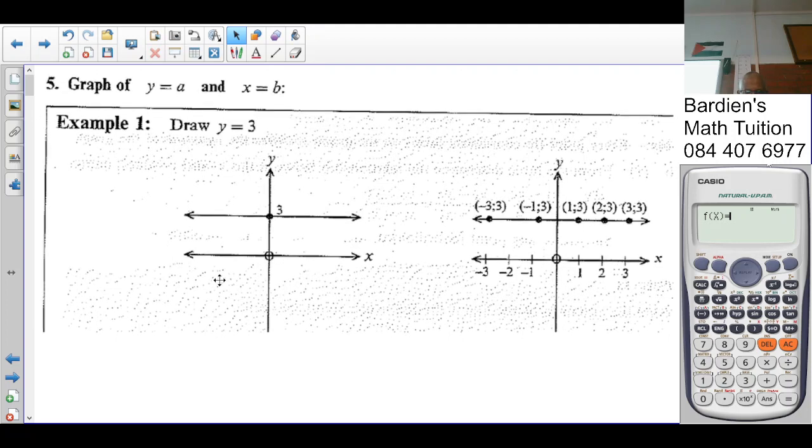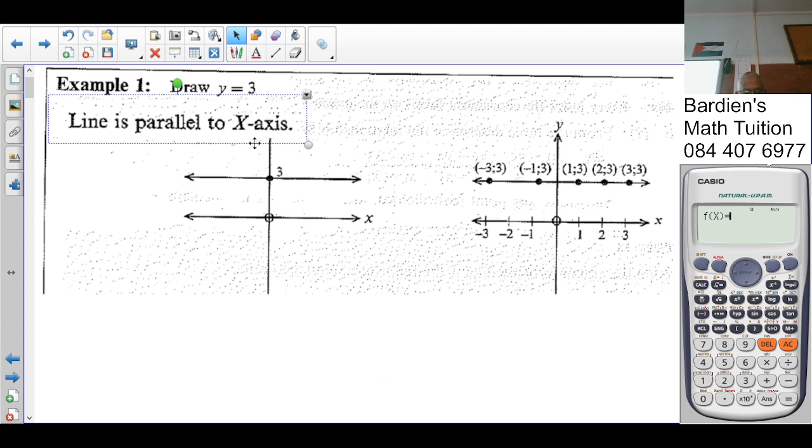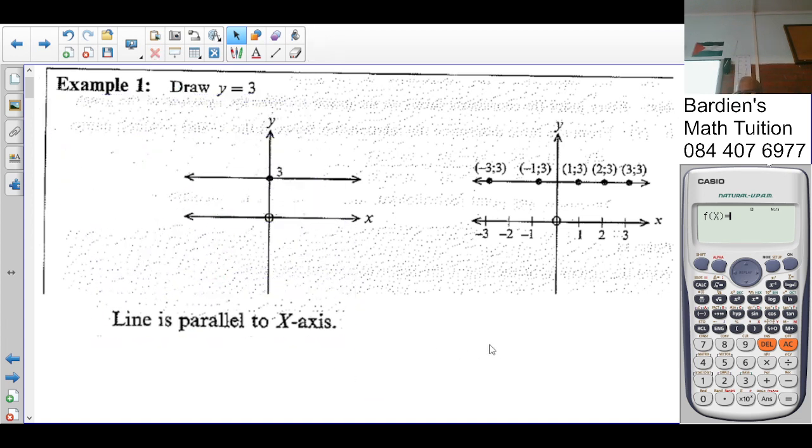x equal to b. Then the line is parallel to which axis is the line parallel to?